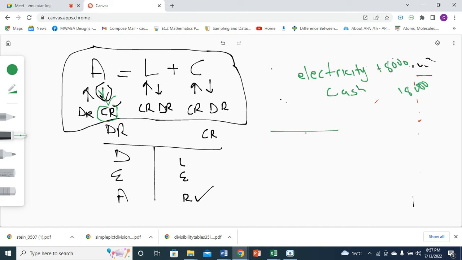So on the T accounts, it will be like this. We have electricity and we have cash.